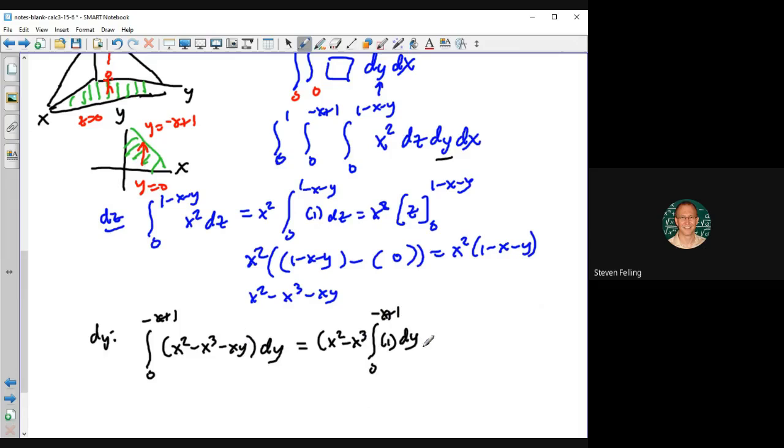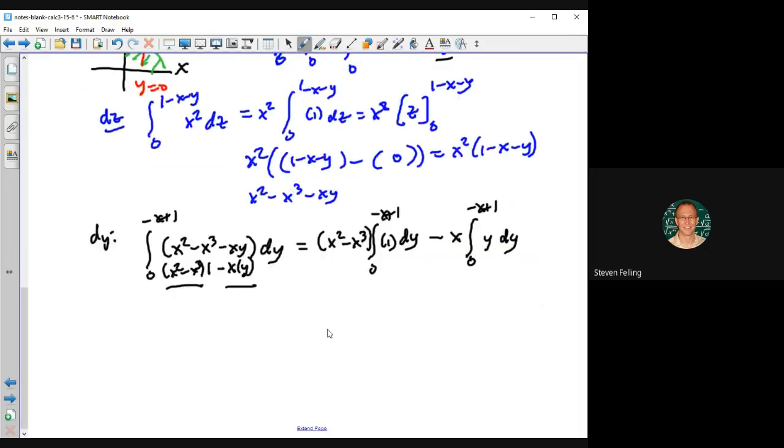And then I've got this term, which is minus, and the x is a constant, but this one has a y dy. You could do all three terms separately, but I'm doing these together: a constant times 1 minus a constant times y, as separate integrals.